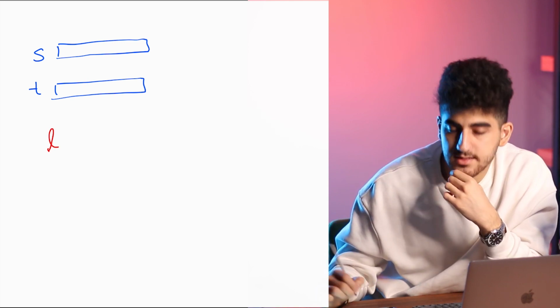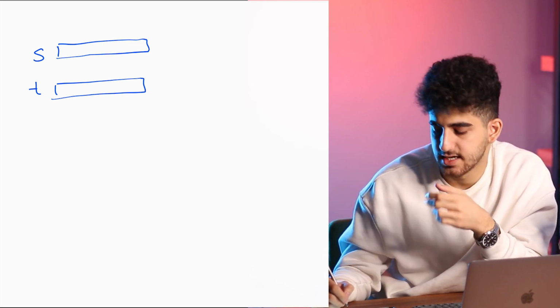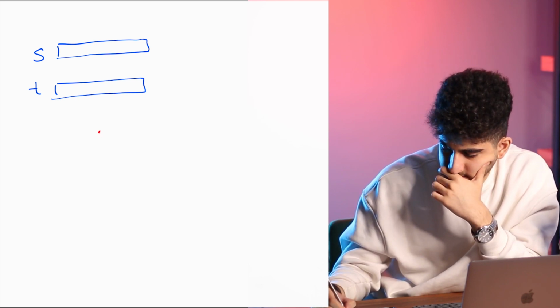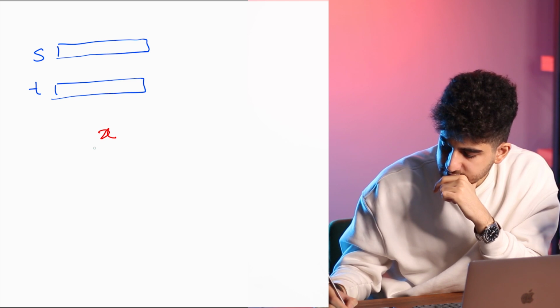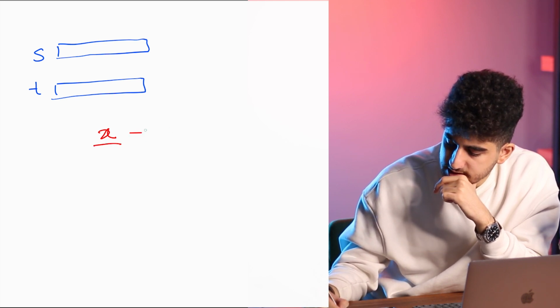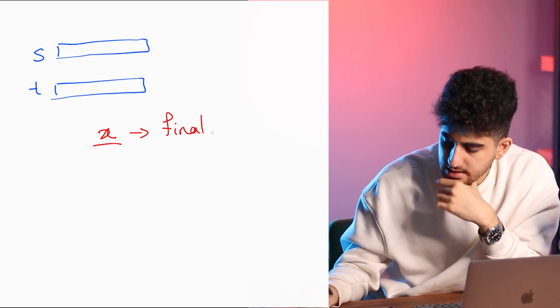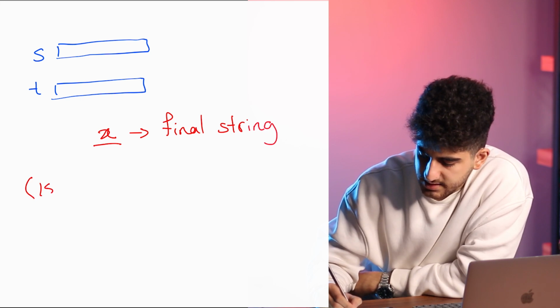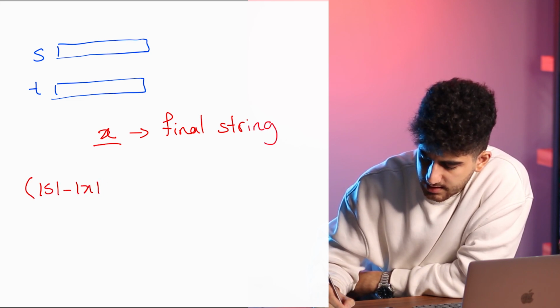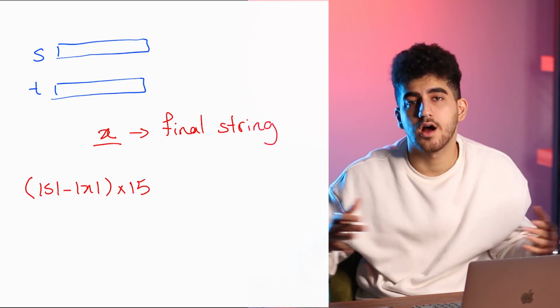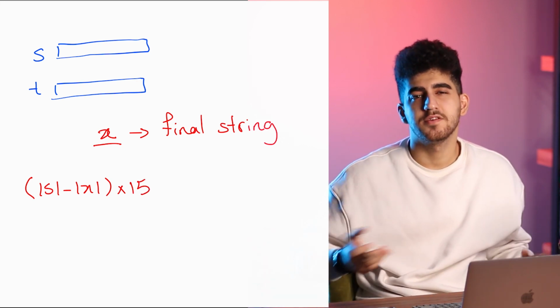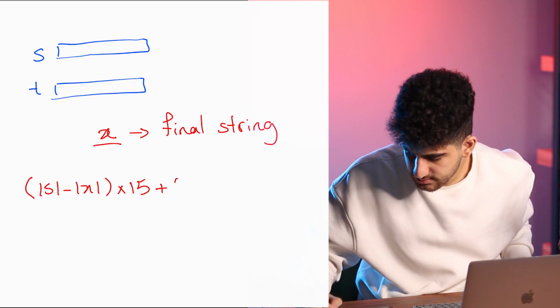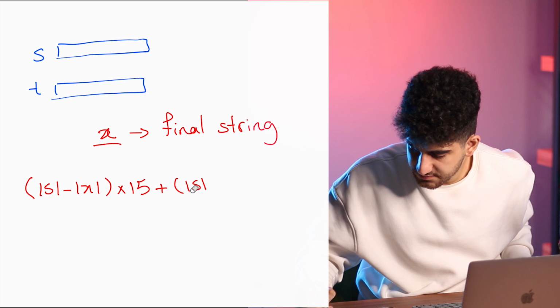Therefore, I can say that the result should be a subsequence of both of them. Let me say that the result is a string X. If the final string that remains is a string X, I can say that the price that you pay is size of S minus size of X times 15, because you have to remove all of the other characters from S by paying $15, plus size of T minus size of X times 30.